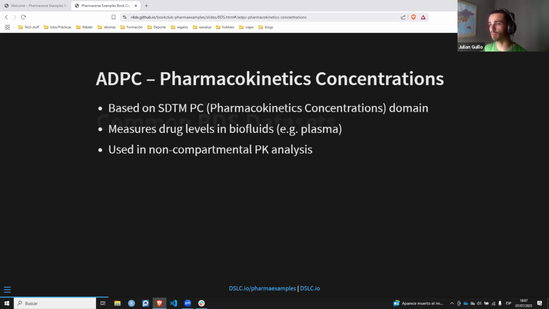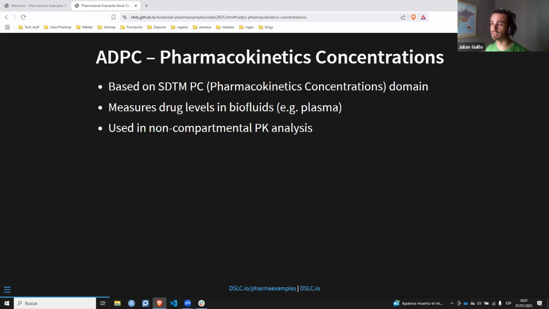So some of these common data sets are ADPC, which stands for pharmacokinetic concentrations. It's derived from the SDTM pharmacokinetic concentrations domain, and it measures drug levels in biofluids, for example in plasma or blood. It's used in non-compartmental pharmacokinetic analysis.